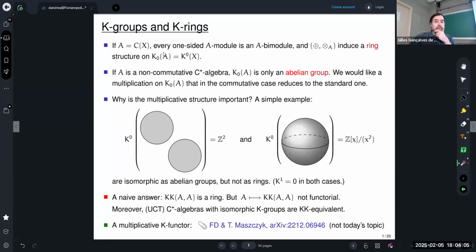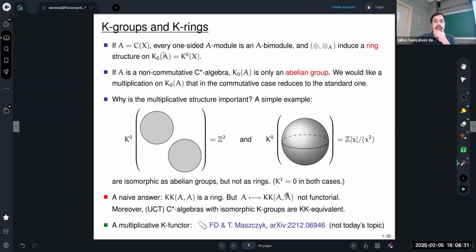There is a work in progress with Tomek on how to construct, for arbitrary C*-algebras, a multiplicative K-functor. So a functor like K0, which ends up in rings; it is really a functor, not like KK.